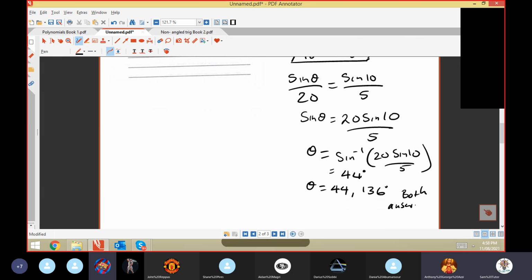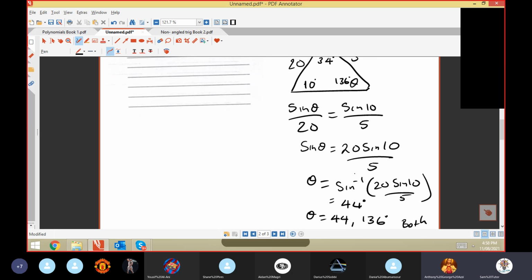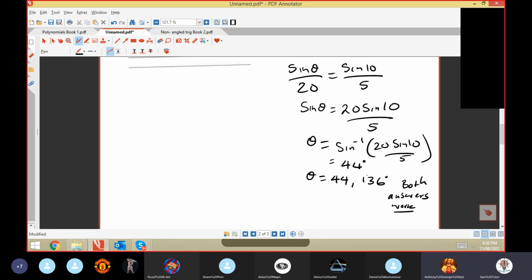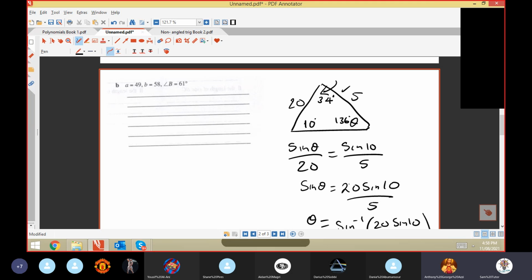So Sam, we never assume that it's an acute angle, even if it looks really tiny. Good point. Look, I'll be honest with you. If your teachers want to be sneaky, then they're actually looking for both answers. At your grade, what they usually do is say, and you have to have very acute eyes here, it won't say find the value of theta, it'll actually say find the values of theta.